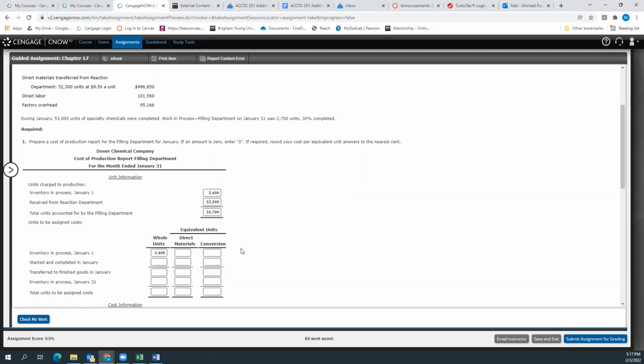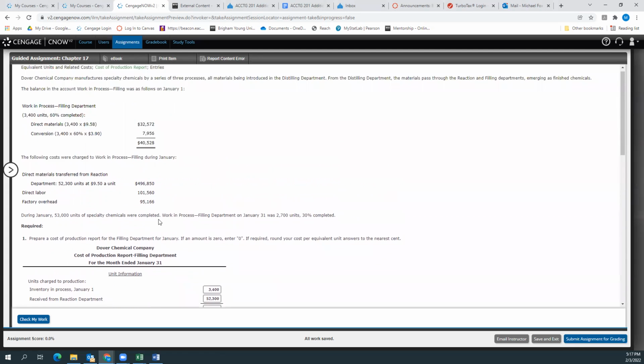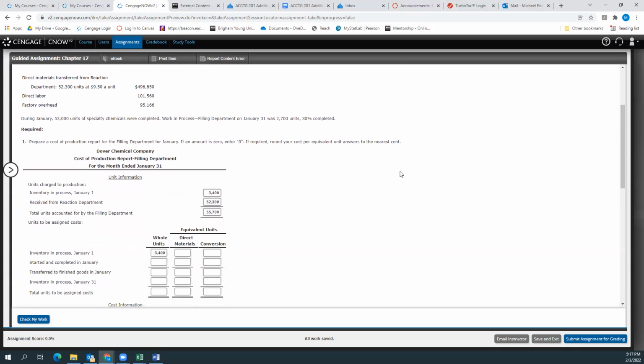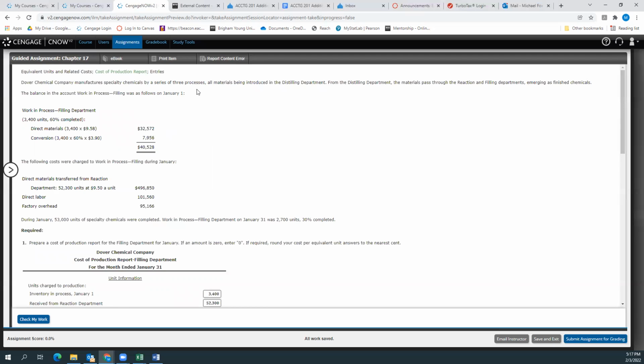these ones that had been transferred into us were already done. It says all of the direct materials are put into them in the, I forget which department. Oh, distilling department.